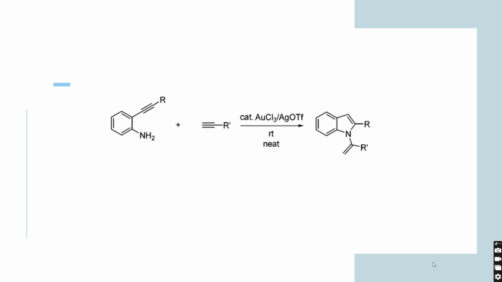Okay. So you can see you are given a substituted aniline here and you have to react it with a terminal alkyne in presence of gold catalyst and silver triflate additive. Reaction is at room temperature using no solvent, okay?